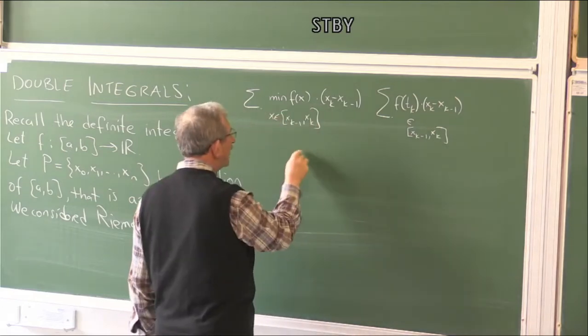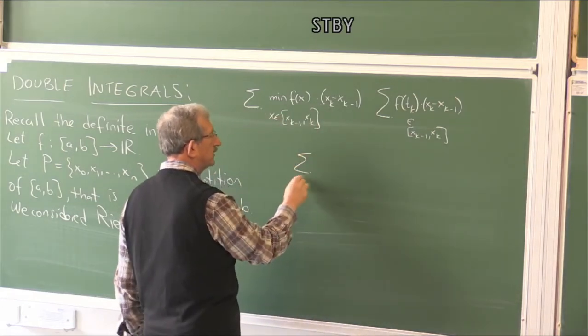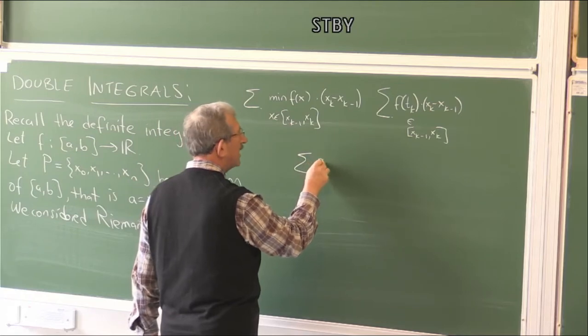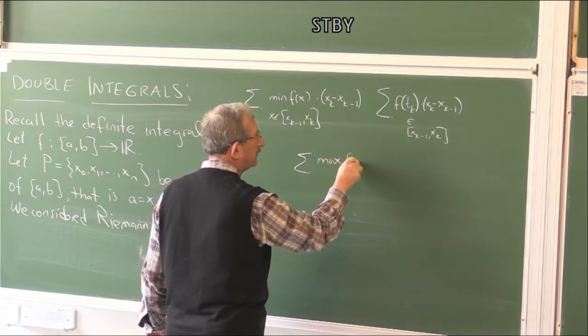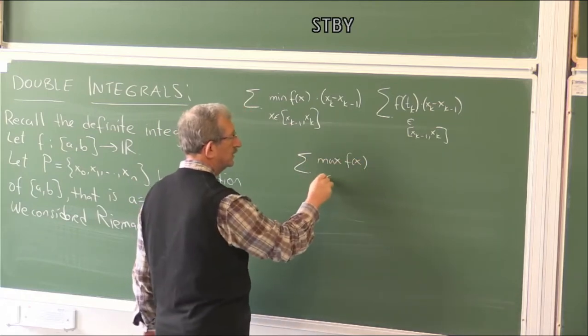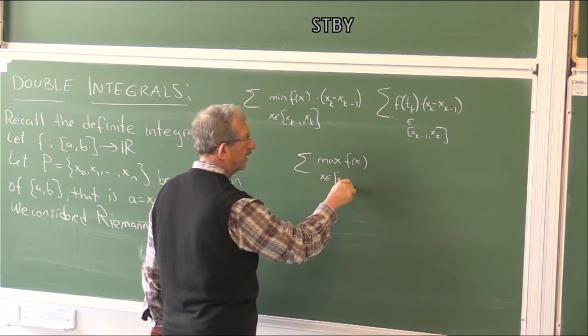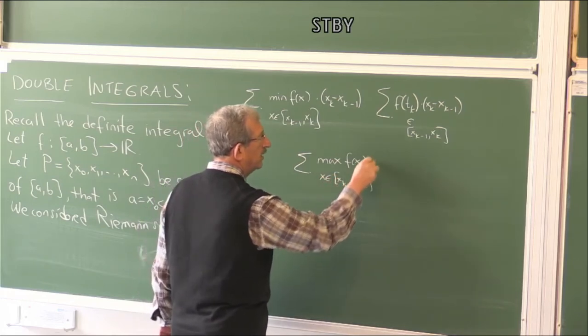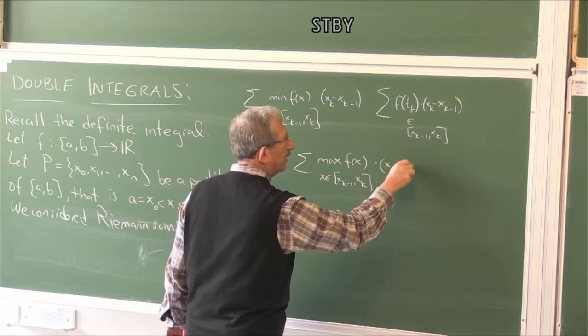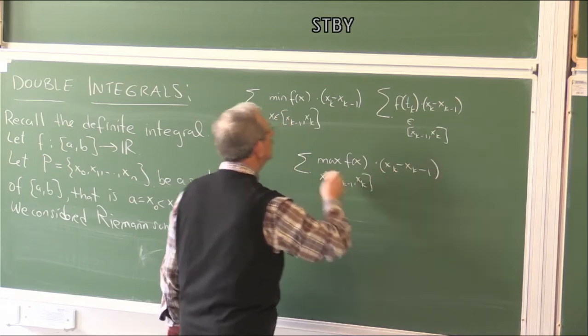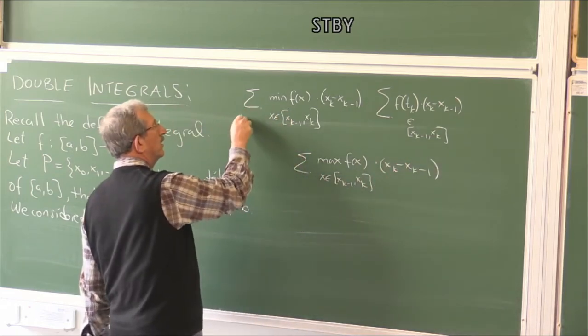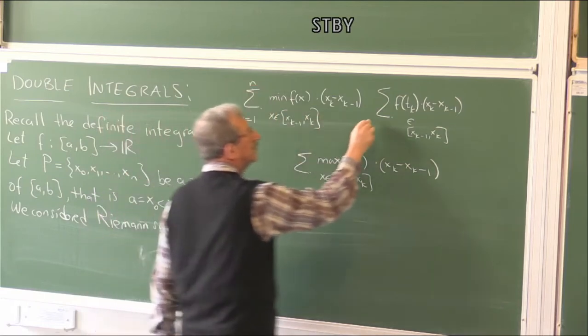And the last one was the maximum of f(x) when x was in [x_{k-1}, x_k] times x_k minus x_{k-1}. All of them were sums from 1 to n.